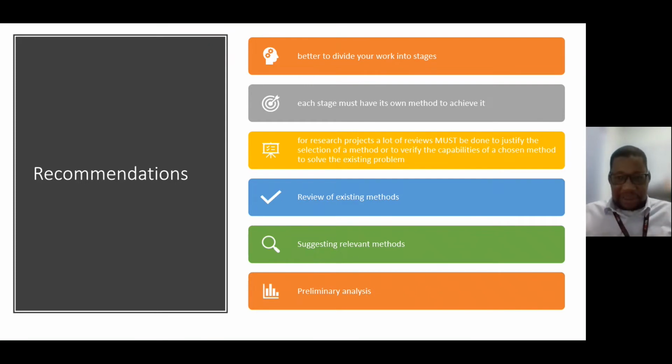So for each project, a lot of reviews must be done to justify the selection of a method or to verify the capabilities of a chosen method to solve the existing problem. This is where literature review comes in. You have to find out who has used this method before to do their research.